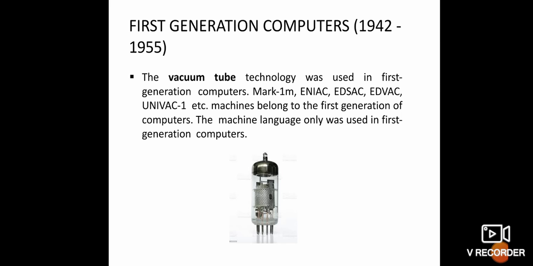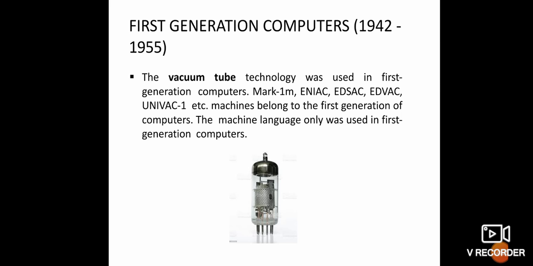It is the first electronic digital computer and it used around 1800 vacuum tubes. Next it is EDSAC, that is electronic delay storage automatic calculator. This is the first computer which had a stored program.